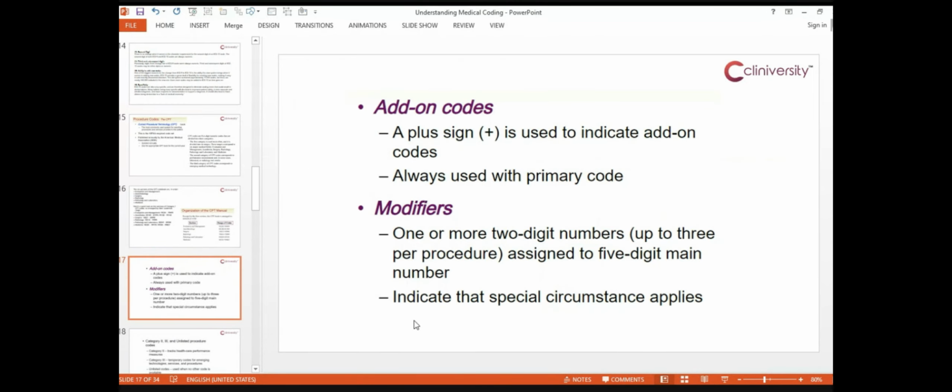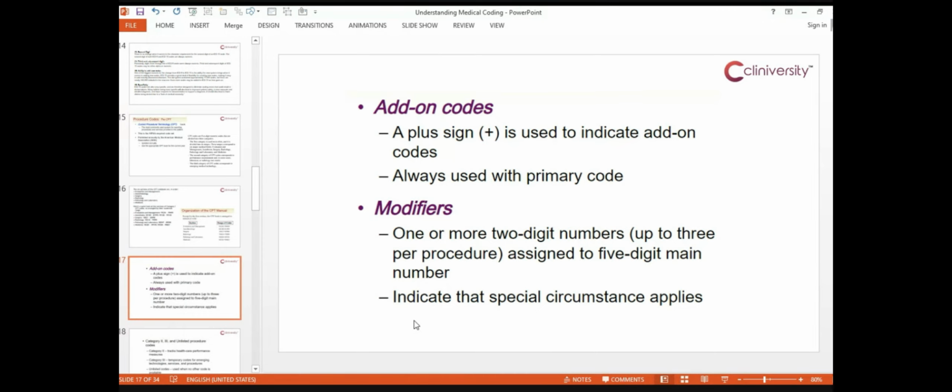Now, in the CPT book, we have certain other types of codes also, which give specificity to different procedures performed, or give an additional process if it has been performed in the hospital, like add-on codes.